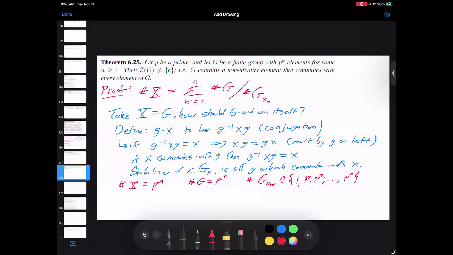So when we're looking at the cardinality of G divided by the cardinality of the stabilizer, what are the possible values for that ratio? What could those be? 1 to n, like 1, 2, 3, 2. Almost. If the stabilizer has size 1, what would that ratio be?